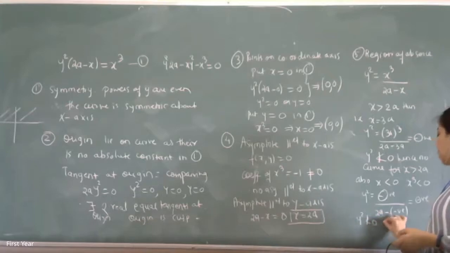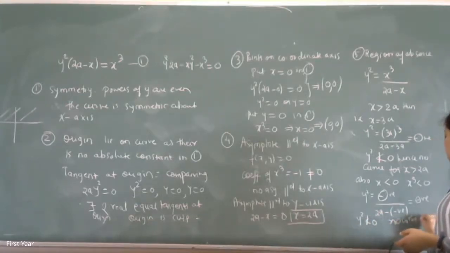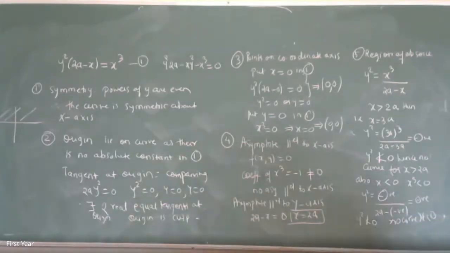And again, y square cannot be negative. Therefore, no curve for x less than 0. Is this clear to everyone? These are all the points that should be considered for tracing the curve.